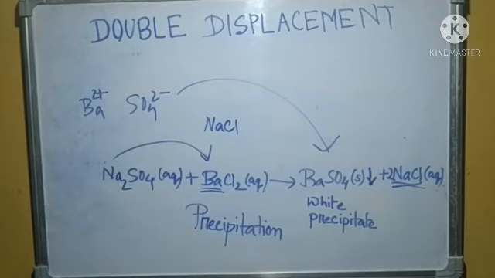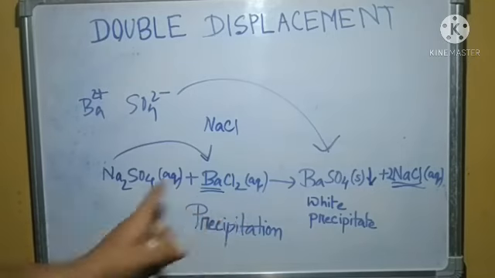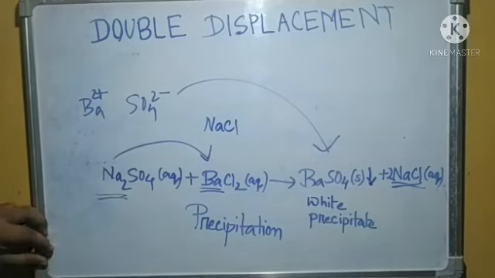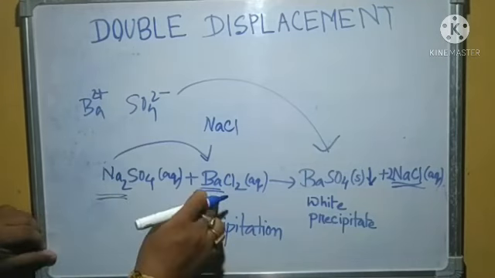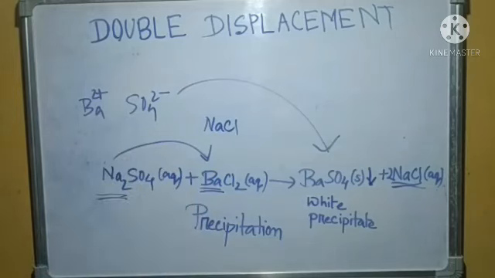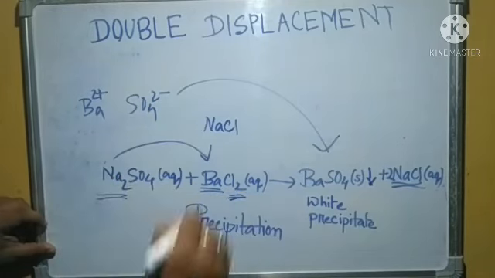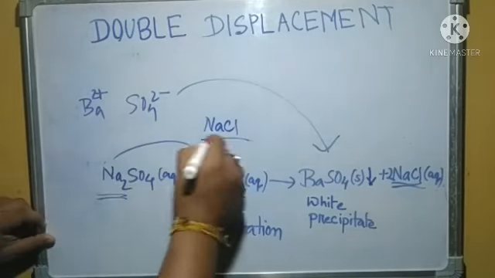We see that sodium sulfate is reacting with barium chloride. In this reaction, sodium, which has higher reactivity, displaces the barium metal. Once barium is displaced, sodium forms a compound with chlorine to give sodium chloride.